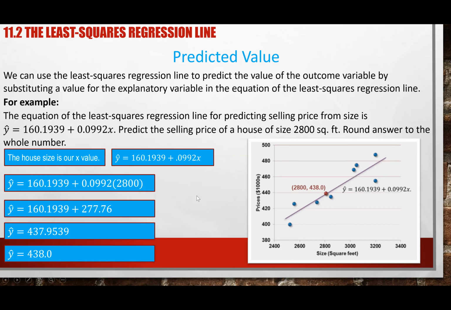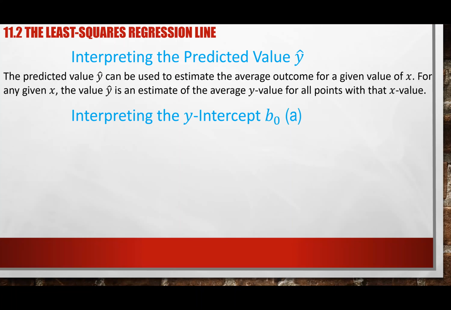So let's take a look at the interpretation of the Y-hat, the slope, and the intercept. The Y-hat is basically the predicted value, the estimate of what the outcome will be.